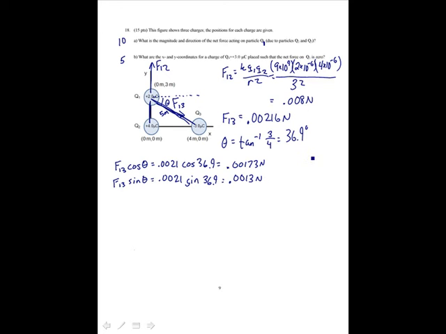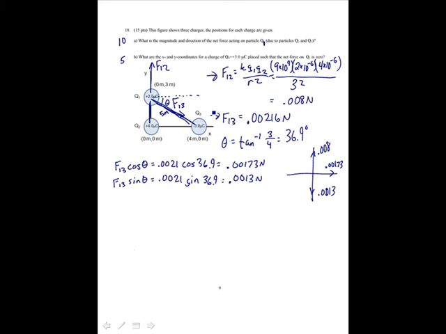If I draw these vectors now on a coordinate system, I have 0.008 in this direction, 0.00173, and then I also have 0.0013. 0.008 is F12, and then the other two numbers are the x and y components of this vector.